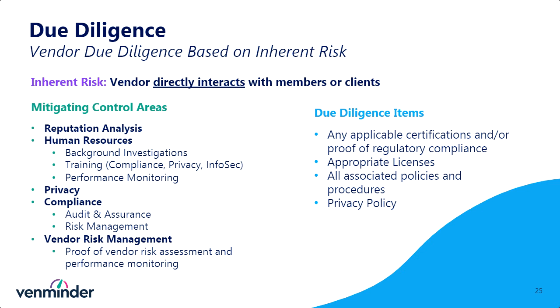Other mitigating control areas would be things like privacy and compliance, especially if those interactions involve your members' sensitive information. And the due diligence you would want to collect include relevant certifications and licenses, as well as policies and procedures.